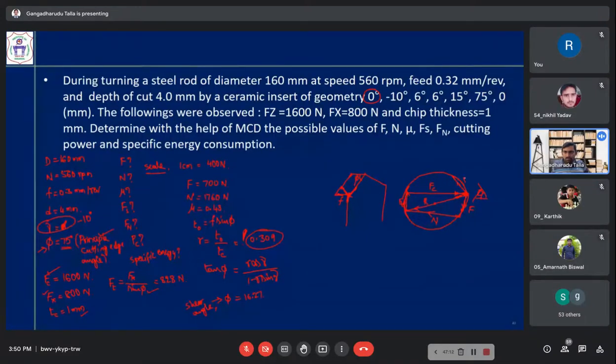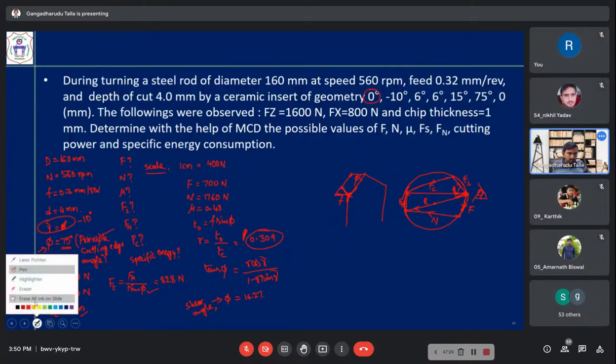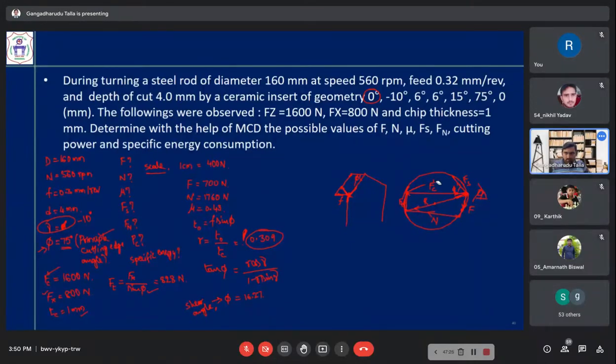So that is Fs, at that phi value. And of course you will join this. Okay, this is Fn.